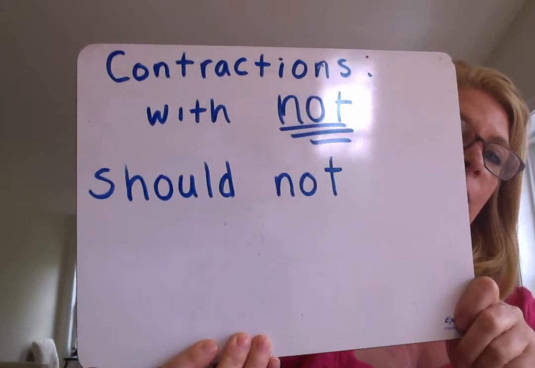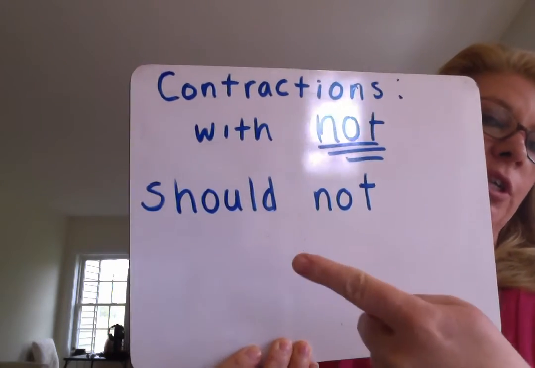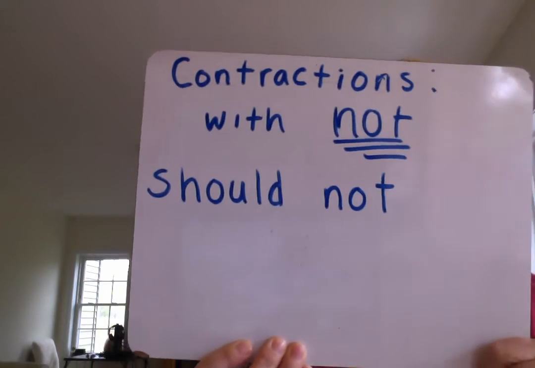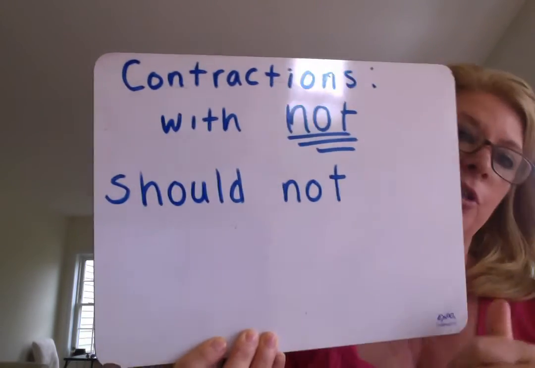Okay, so I'm thinking of our should, would, could family, which we've been working on. So I'm going to start with should not. This time, I'm not going to write it. Think what you would do. We have should not. First of all, think about what you would say. Then think about how you would write it.